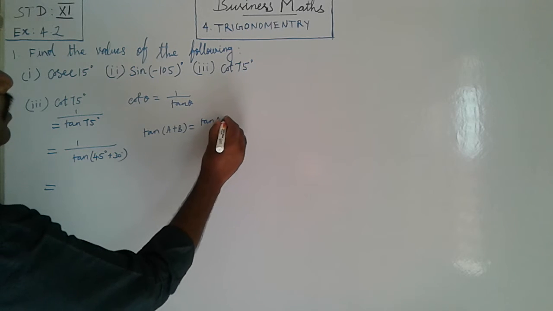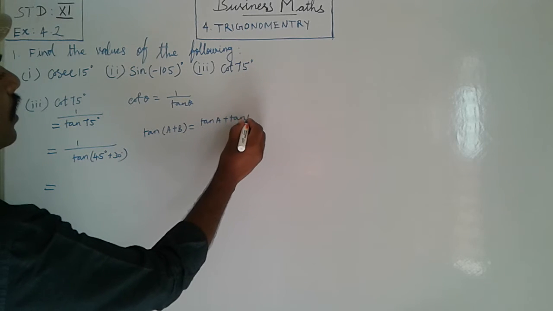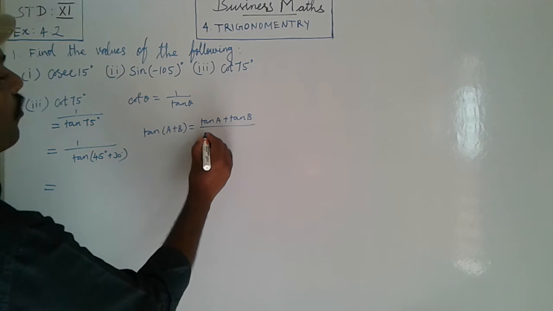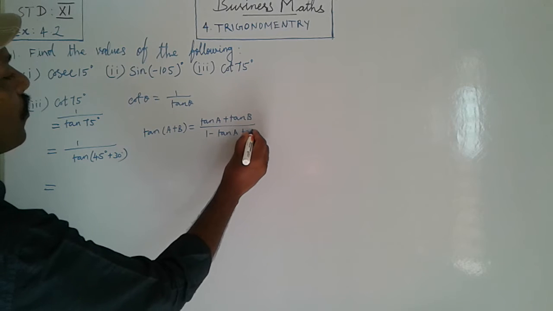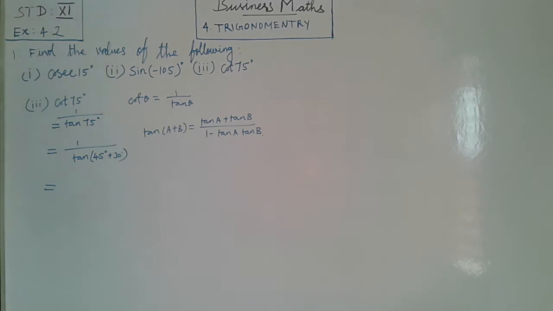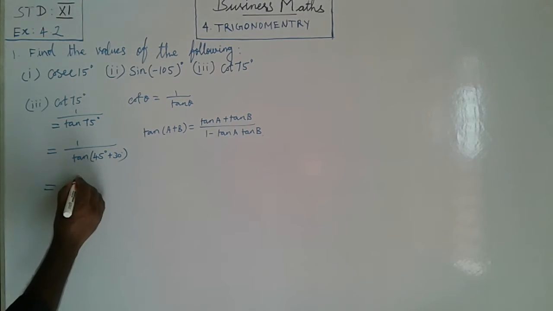Tan (a plus b) equal to tan a plus tan b divided by 1 minus tan a tan b is the formula. So substitute this formula here.